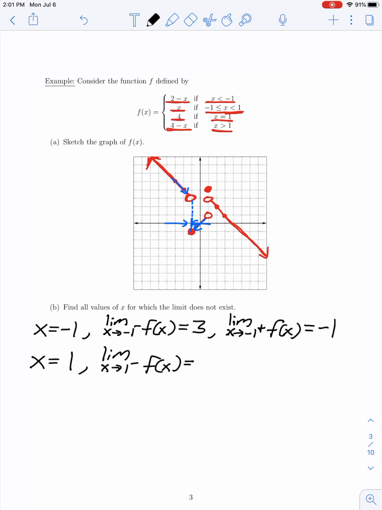So 1 over 1/10 squared would be the same as 10 squared, or 100. If we move a little bit closer to 0 from the right-hand side, let's say we take 1 over 100, our value of the function would be 1 over 100 squared, which is the same as 100 squared, or 10,000.